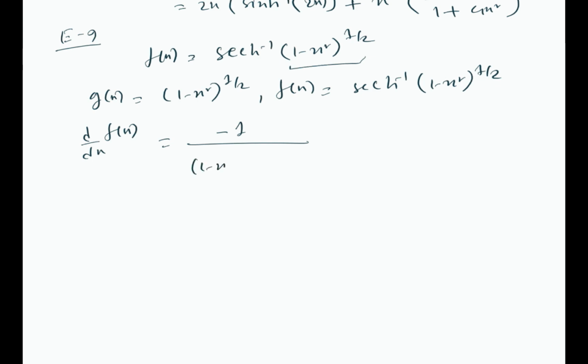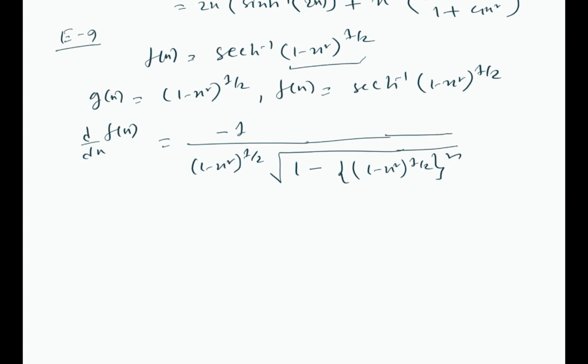So our x is 1 minus x squared, right, all to the power half, and then square root of 1 minus x squared. So this x would be 1 minus x squared all to the power half, and then this square, right? And then we need to differentiate the inside function. So for the inside function, we need to apply the power, right? Half, 1 over 2.